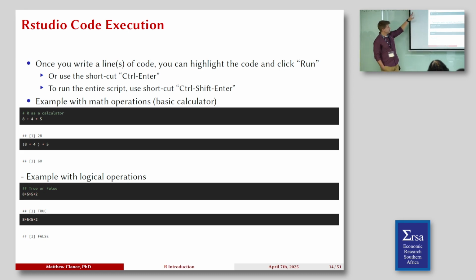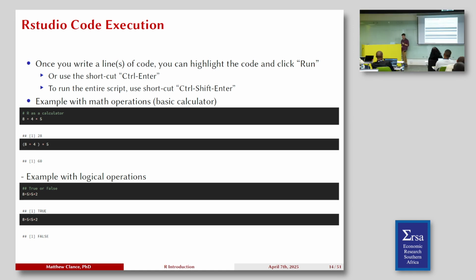Now, you have to think about this as, starting out anyway, before any packages, it's in some ways just a calculator. Without the packages, it doesn't really know anything else. So we can go through basic operations. We can ask it to do things like a basic calculator, doing 8 plus 4 times 5, and it'll spit out the output of 28.